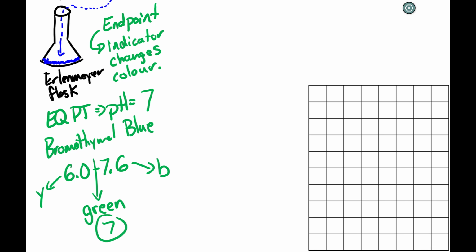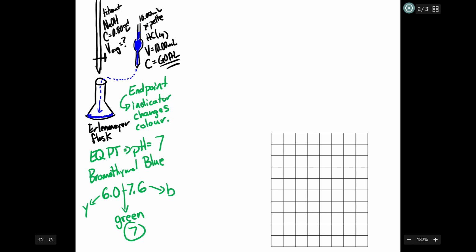So what I would do is take my initial reading from my burette. I would slowly add the solution in, very slowly, and I would keep swirling and stirring this Erlenmeyer flask until the solution went from yellow, because we have acid in here, which is below 6, so it would start yellow, and then eventually it would turn green, and then I would stop the titration.